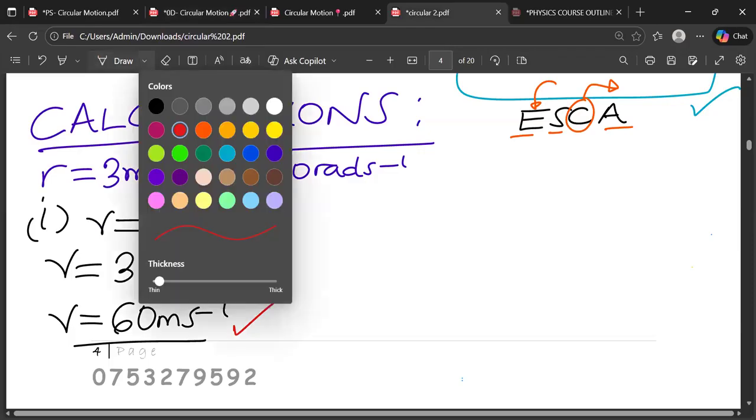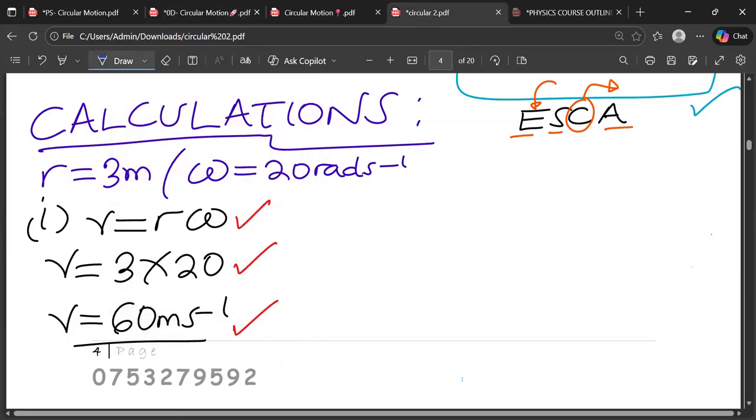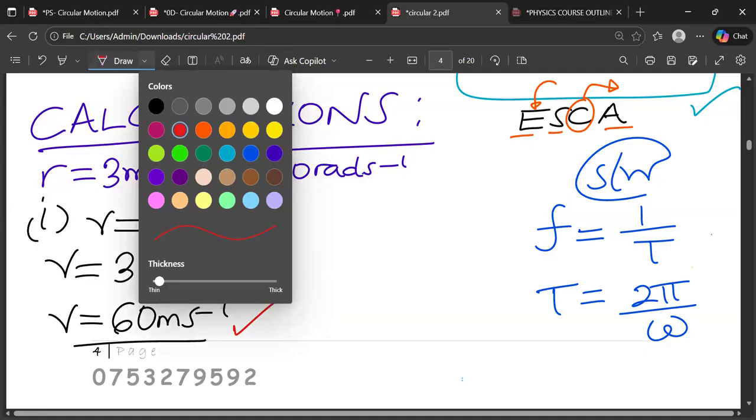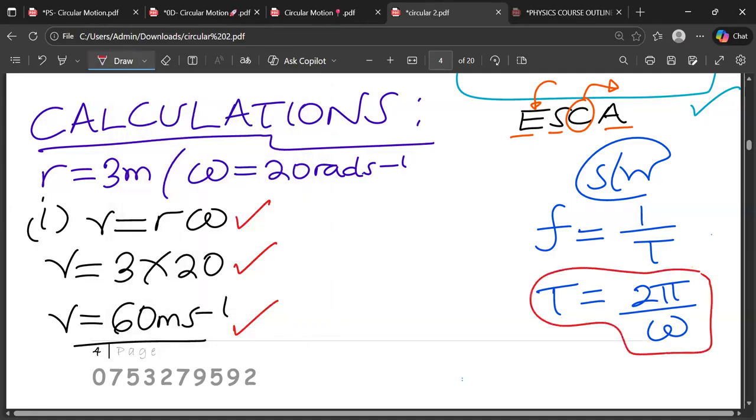Remember, this is supposed to always be your side work in physics. They have asked for angular velocity in revolutions per second, but for you, revolutions per second is frequency. Then you're supposed to recall that frequency is 1 over periodic time. But what did we say about periodic time? We said periodic time is 2 pi over omega. I don't know if people recall this. Hey, we derived it together.